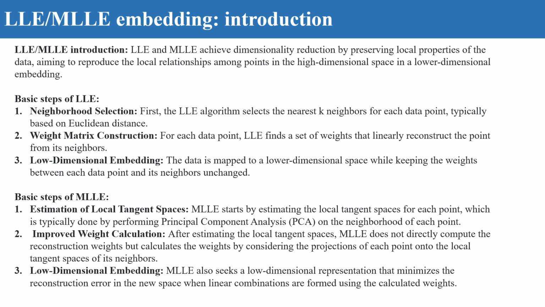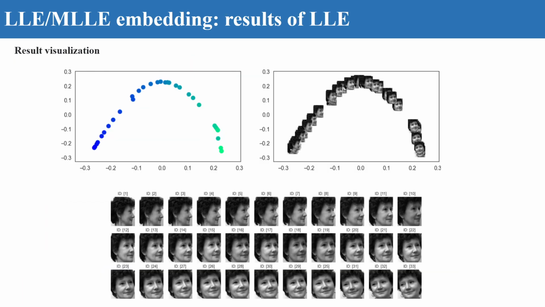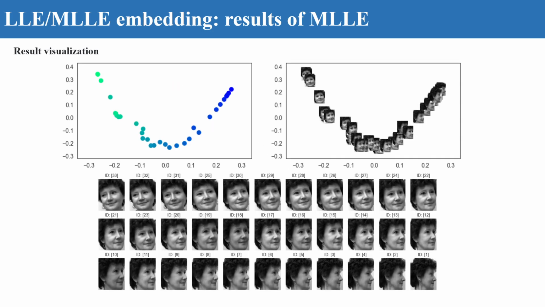MLLE estimates the local tangent space for each point using PCA and calculates the weights by considering the projection of each point onto the local tangent space of its neighbors. LLE performs almost perfectly, with only a few errors in the last few images. MLLE also performs well, with results that are close to the ground truth.